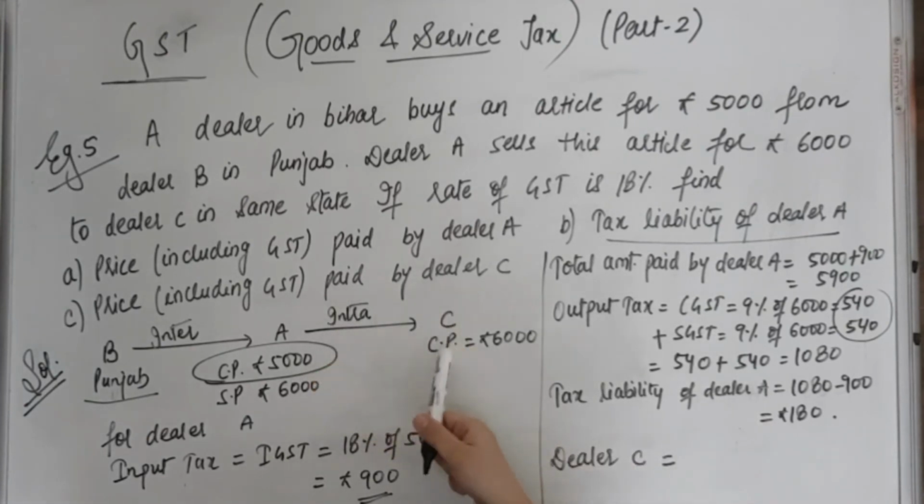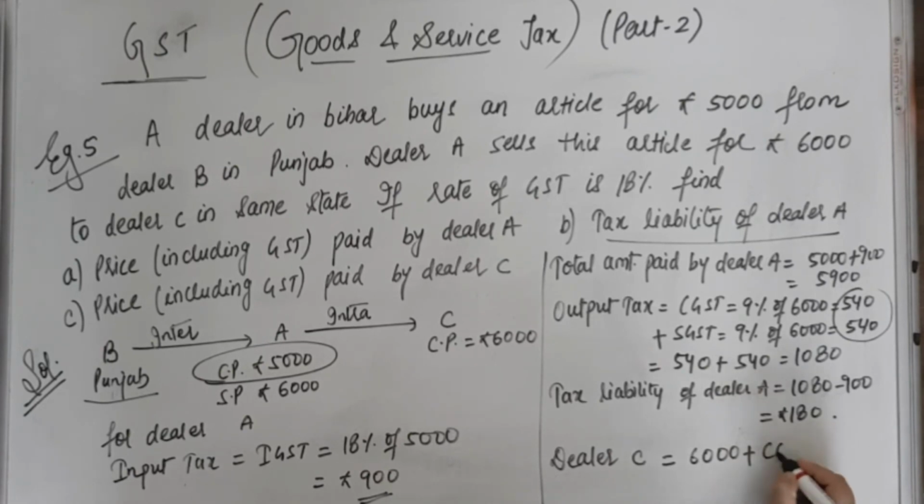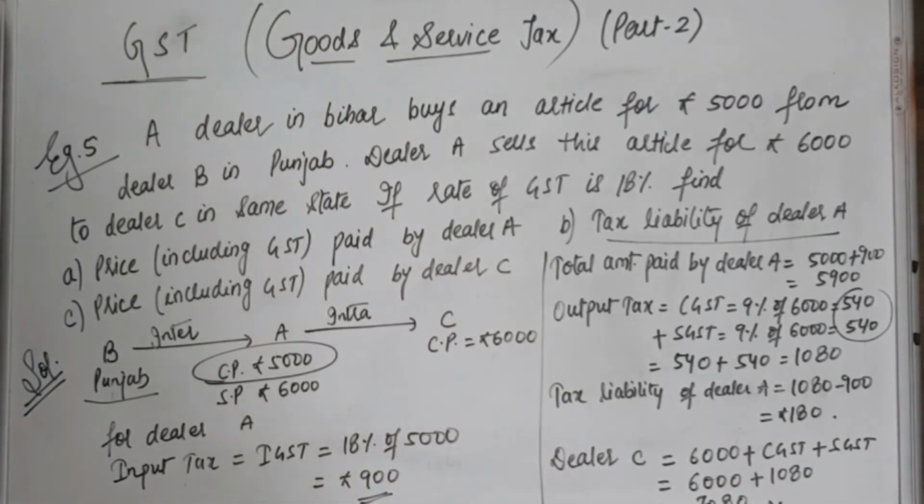So he purchased 6000 plus CGST plus SGST. CGST is 540 and SGST 540. 6000 plus 1080, so answer will be 7080. So this is how we have to calculate output tax, input tax, tax liability, or whatever they mention, price including GST, each and everything we can calculate.